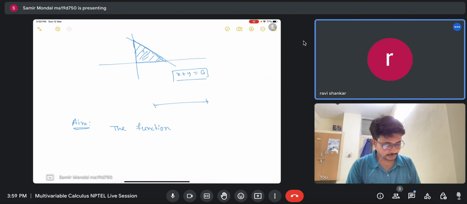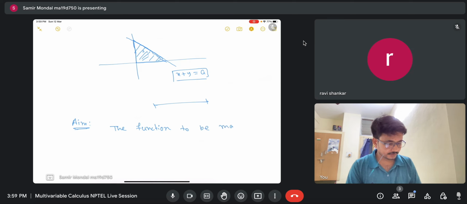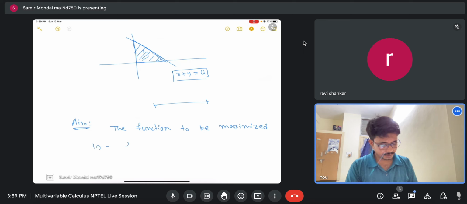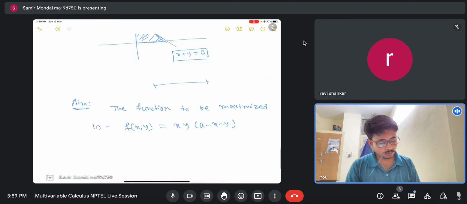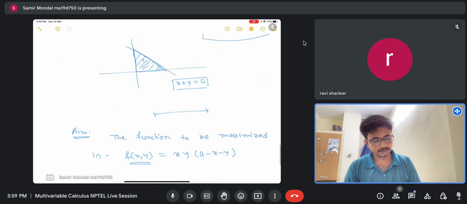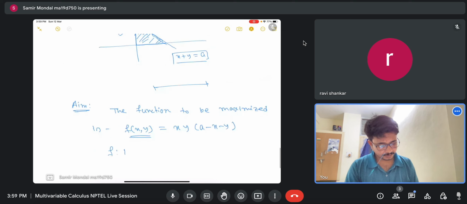The function to be maximized is f of x, y equals x into y into the remaining number, a minus x minus y. What is the domain of this function? It is only this D. So f is defined on D to R, and we have to maximize this function.